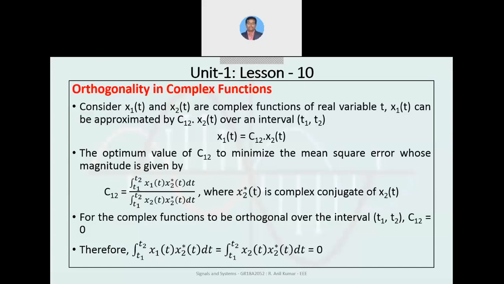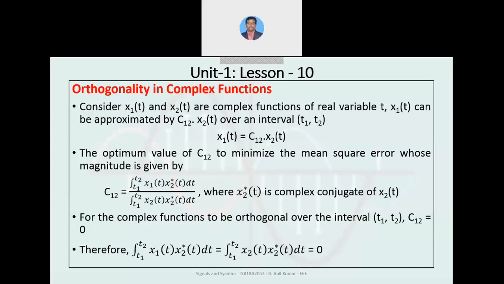From the expression we already got, c12 is the integral of x1 x2 dt divided by the integral of x2 squared. Similarly here, as we are expressing for a complex function, the value of c12 is given as the integral from t1 to t2 of x1 of t into x2 conjugate of t dt. Here x2 star is nothing but x2 conjugate.